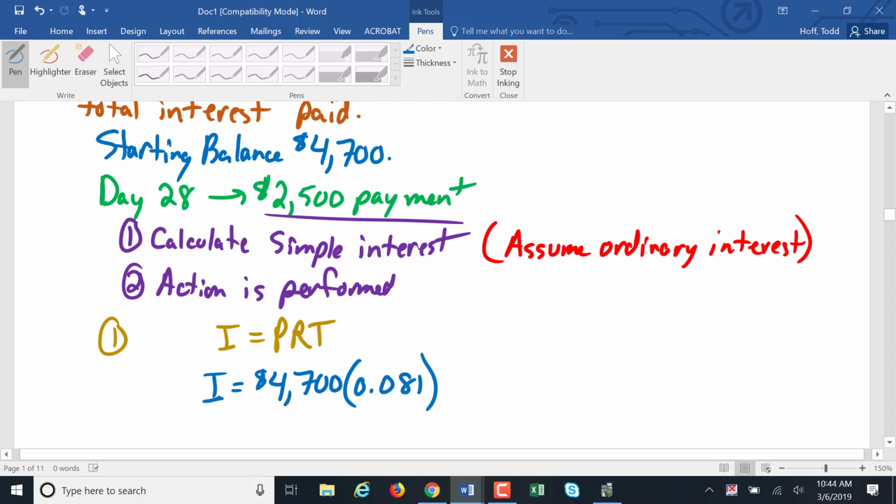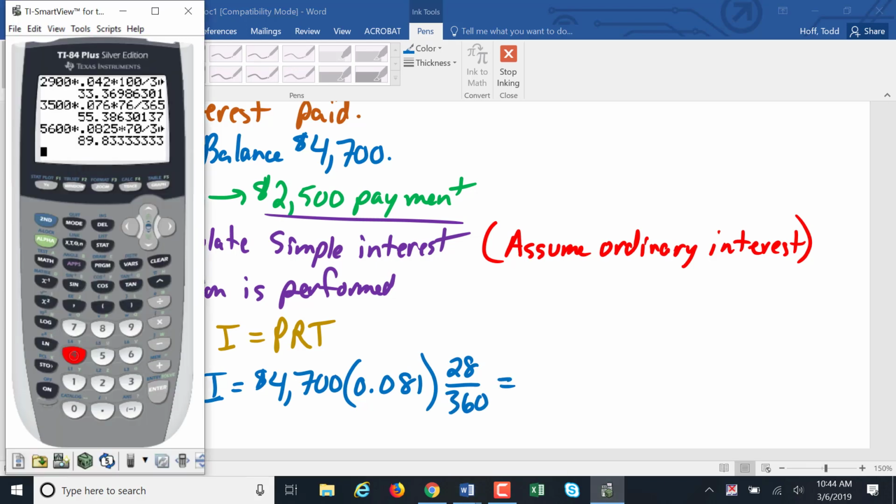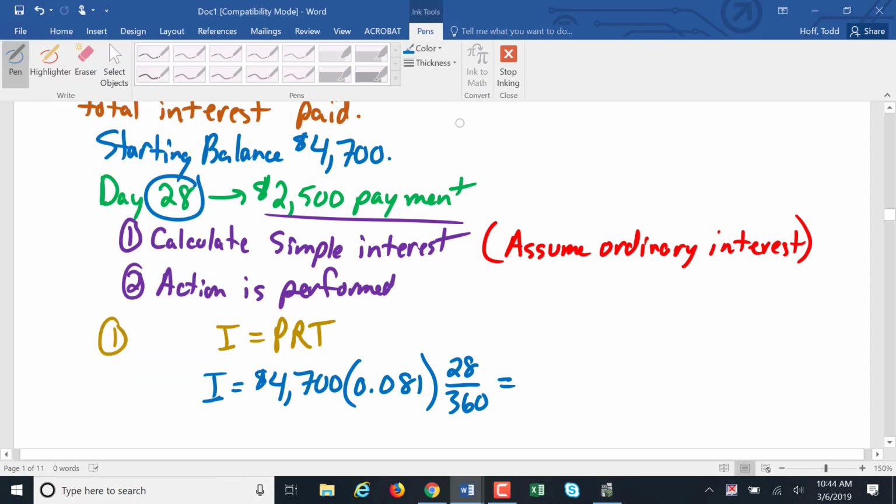And our time, it was day 28, so it's 28 days since the beginning. Ordinary interest means it's over 360. So 4,700 times 0.081 times 28 divided by 360 gives us $29.61.